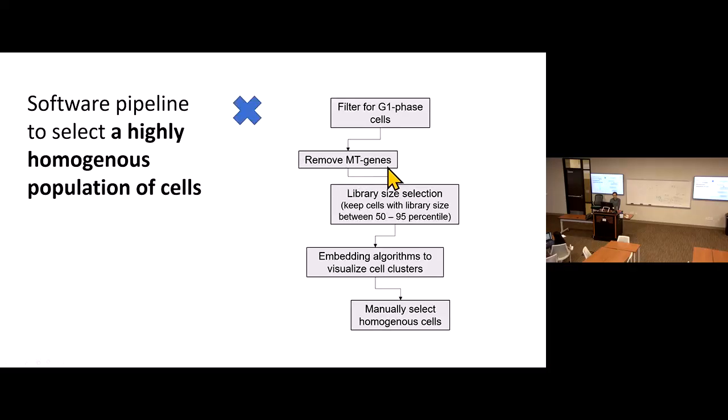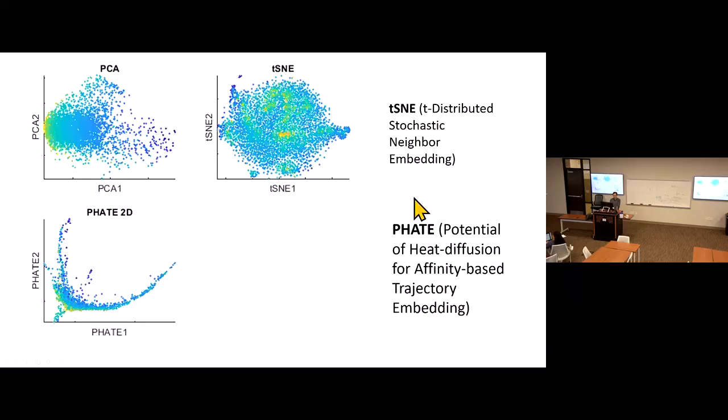We also remove mitochondrial genes and restrict the library size to a very narrow region, 50% to 95 percentile, and embed them to see whether they cluster, and then manually select. If you do PCA, tSNE, and FATE, you see even a homogeneous population of cells has a different representation in different embedding algorithms.